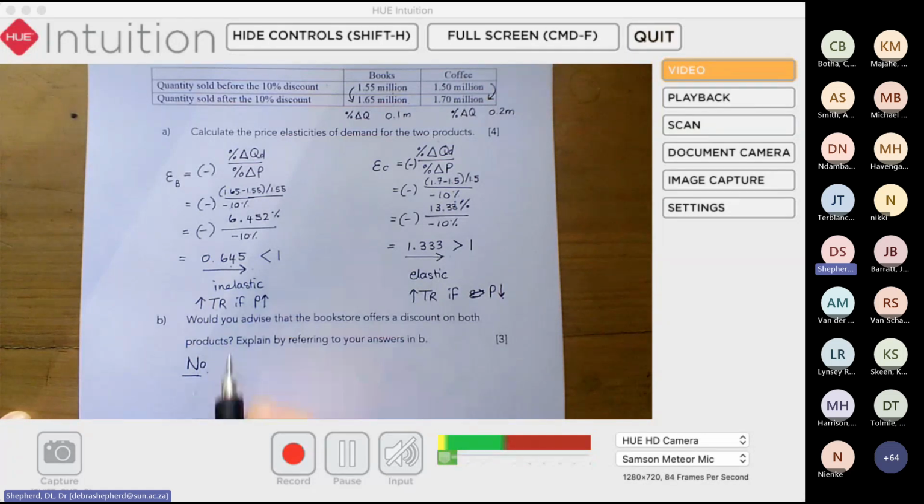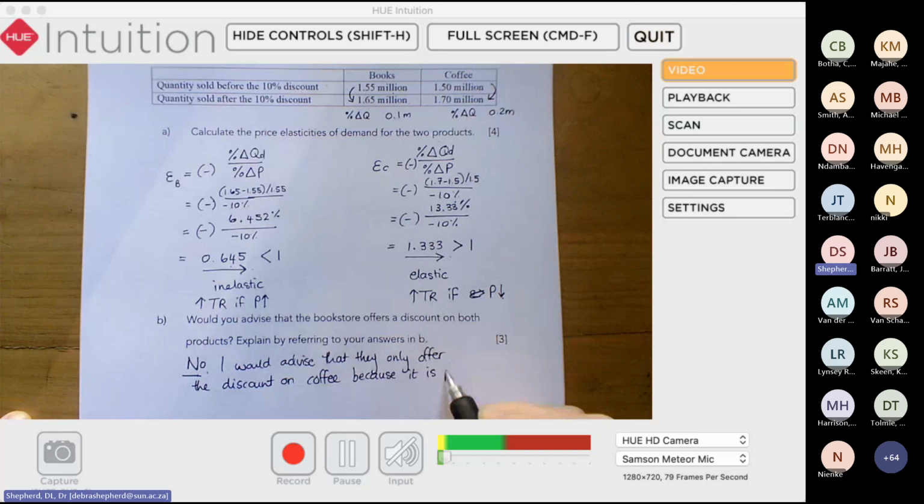So no, I would advise that they only offer the discount on coffee because it is price elastic.